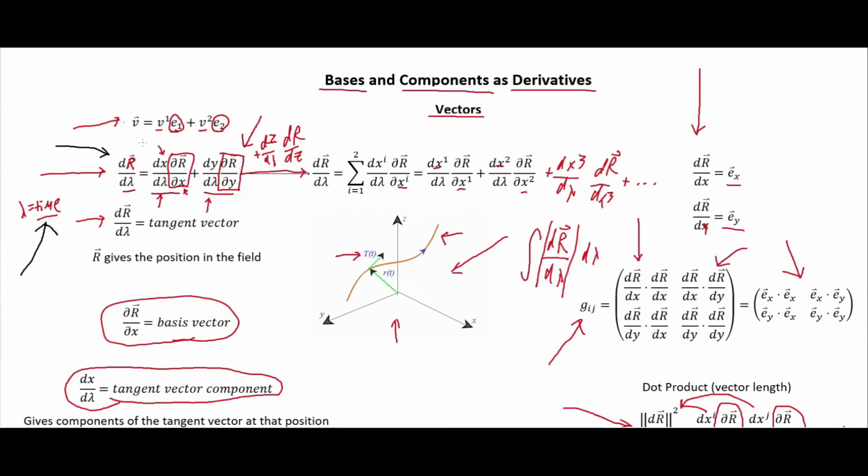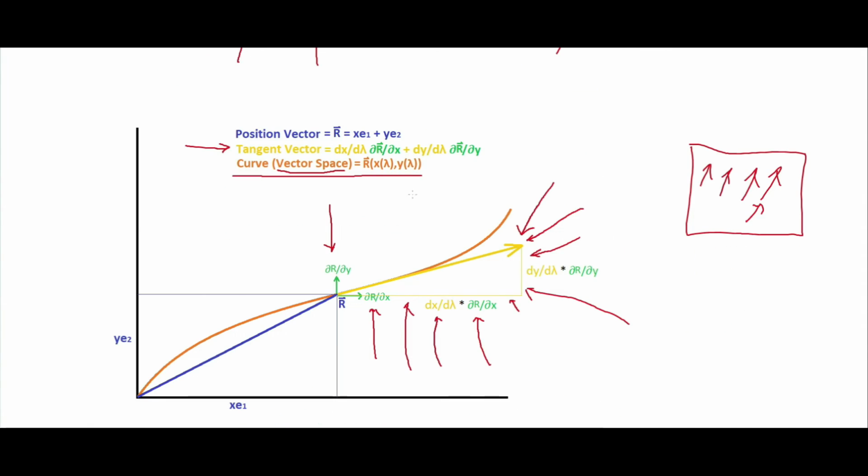So this dx d lambda times partial r partial x, where you could see how this partial and this partial could sort of cancel each other out in a way, and this partial and this partial, and that's how you actually end up with the dr here and the d lambda, which is what we have right here.